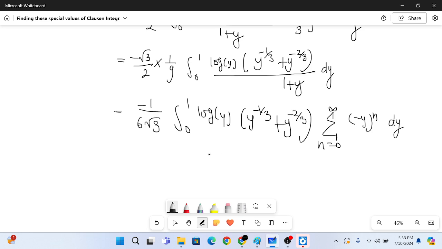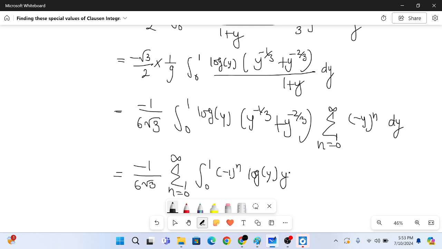Now if we change the sum and integral, we have minus 1 by 6 root 3, and then sum from n equals 0 to infinity integral from 0 to 1, and then we have minus 1 to the power n log of y, and y to the power n minus 1 by 3, similarly plus minus 1 to the power n log of y, y to the power n minus 2 by 3 dy.